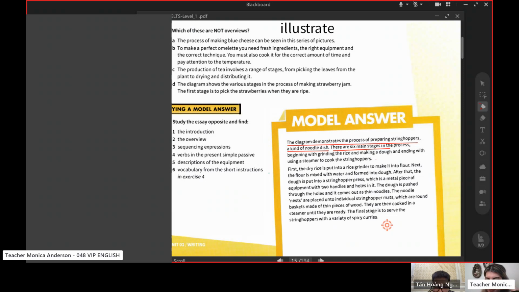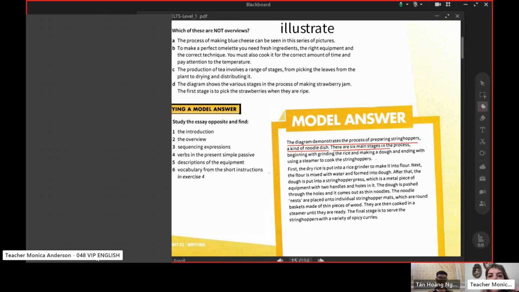It is a metal piece of equipment. Very good, excellent. And a round basket made of thin pieces of wood. Yeah, that's it. Very good.